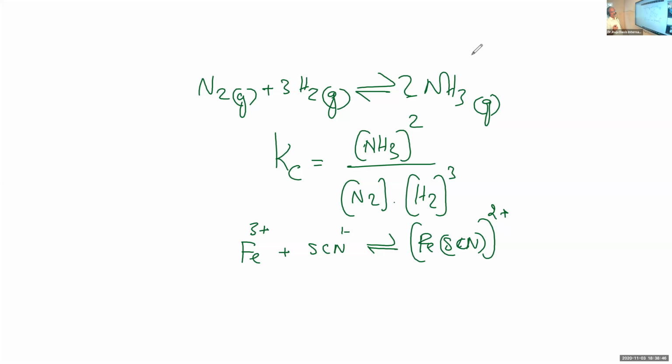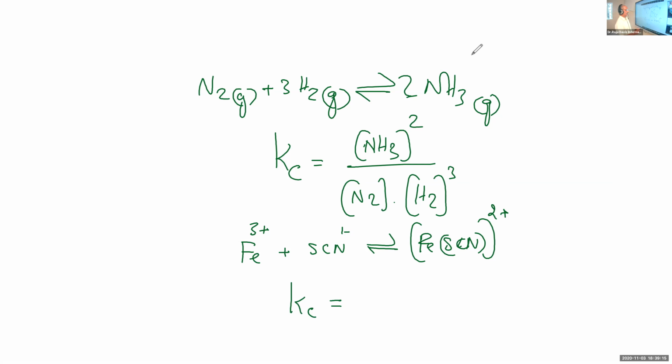The first one was a molecular equation; the last one given here is an ionic equation. In that equation, ions are involved: Fe3+ ion, SCN-, that is a thiocyanate ion, and FeSCN2+, that is a ferric thiocyanate ion. Then what will be the equilibrium constant for this?